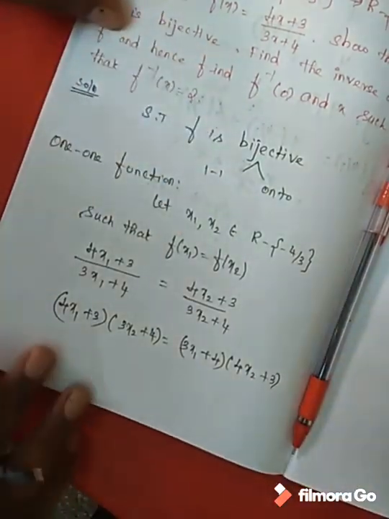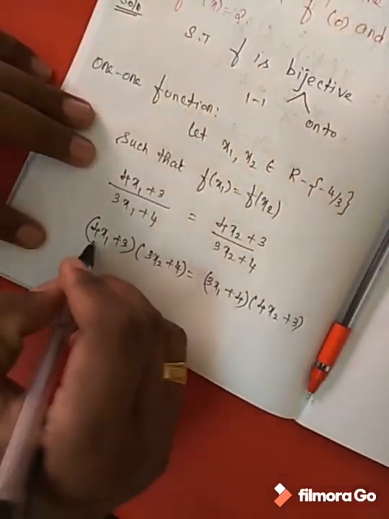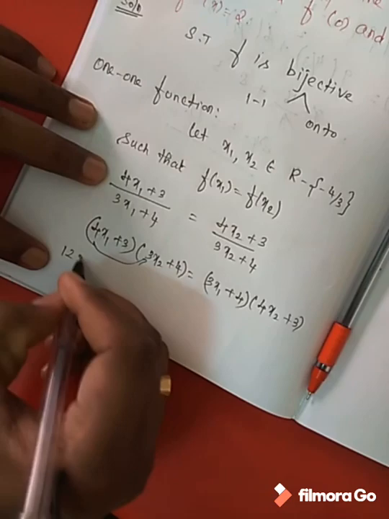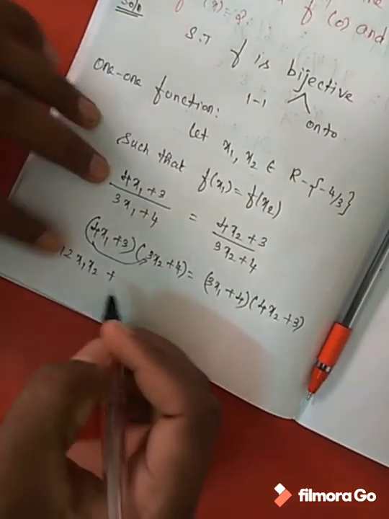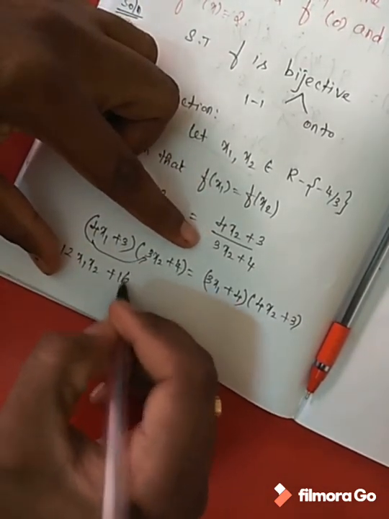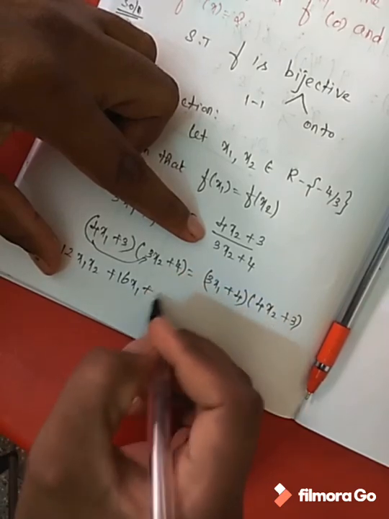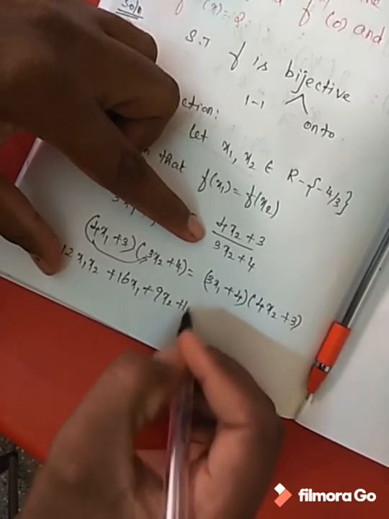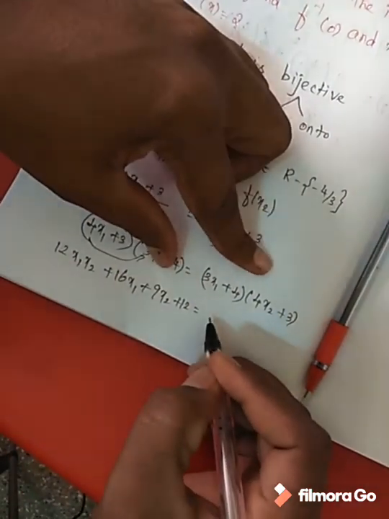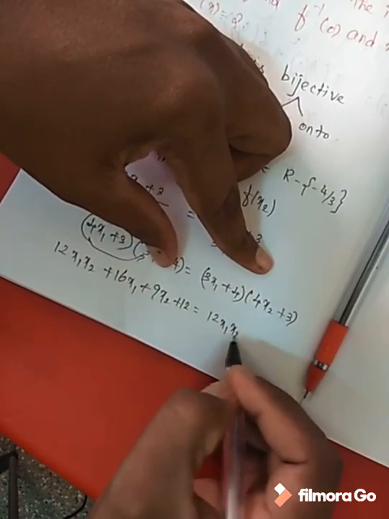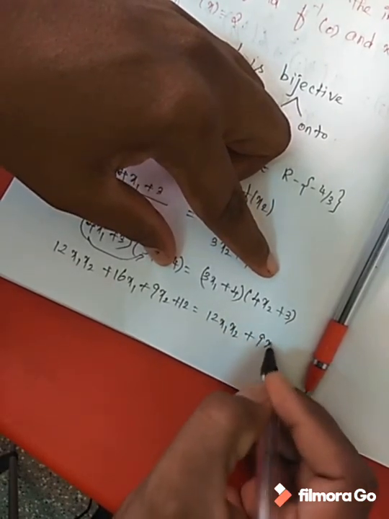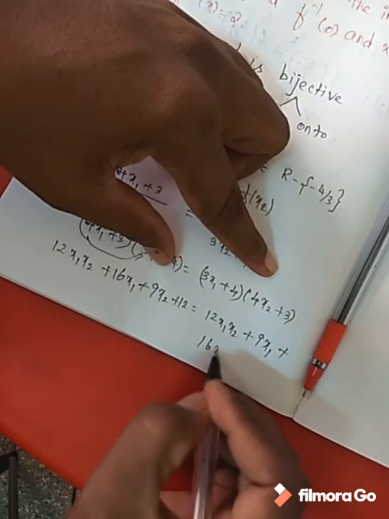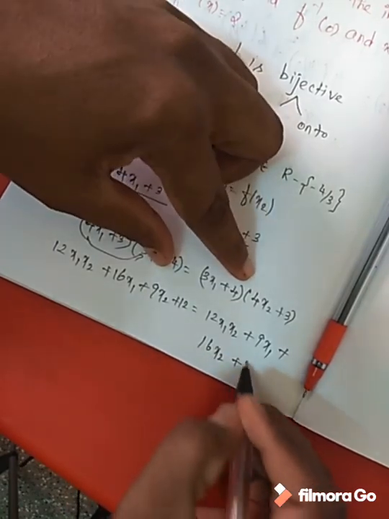So first step, 12x1x2 plus 16x1 plus 9x2 plus 12 is equal to 12x1x2 plus 9x1 plus 16x2 plus 12.